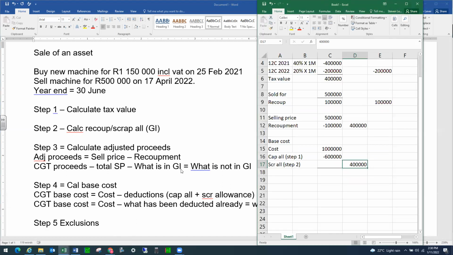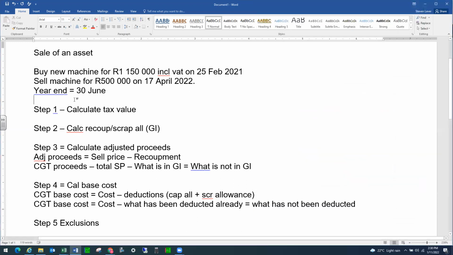So now I'm going to expand this example. Let's sell the machine for 1.425 million. Is that all right? Yeah. I'm going to make the year end different now, 28 Feb, because I want to do something different.